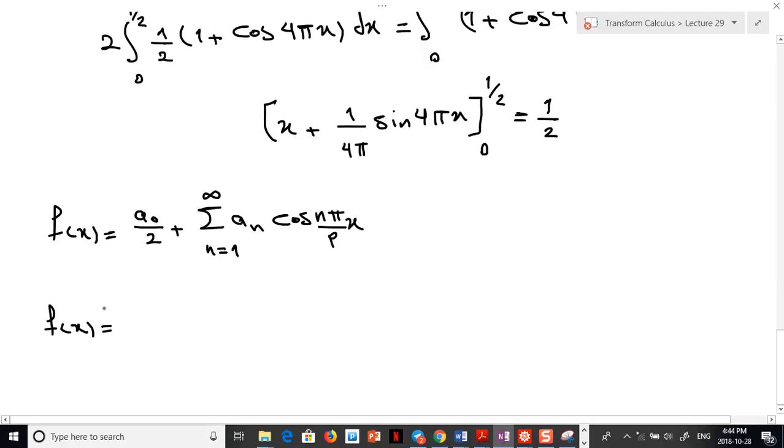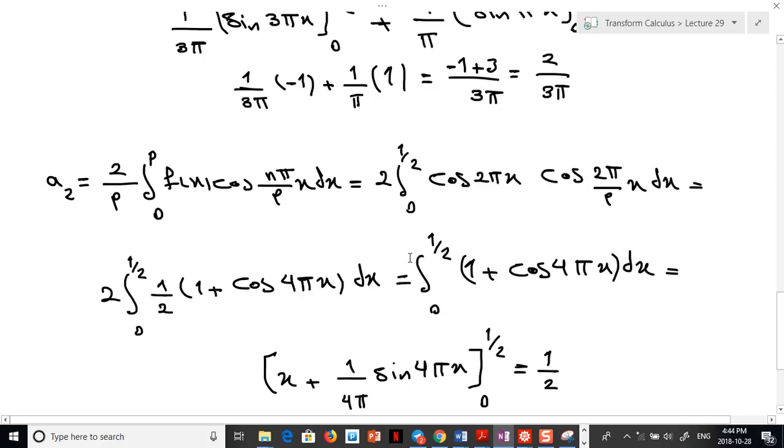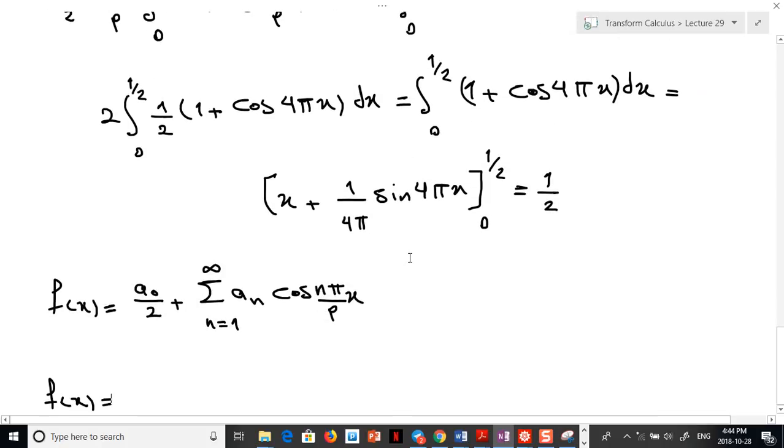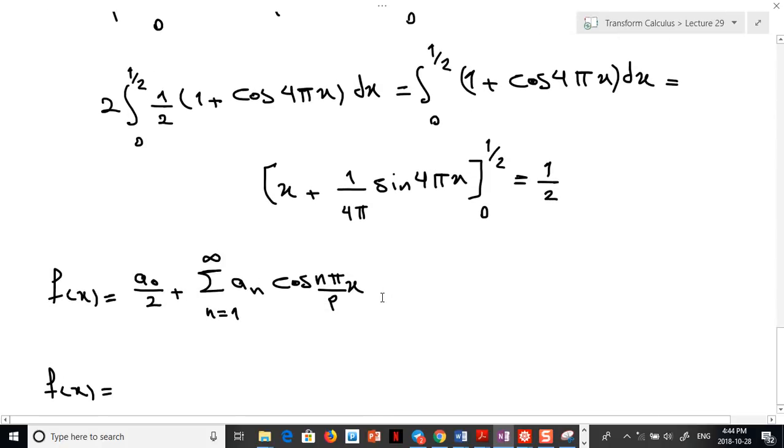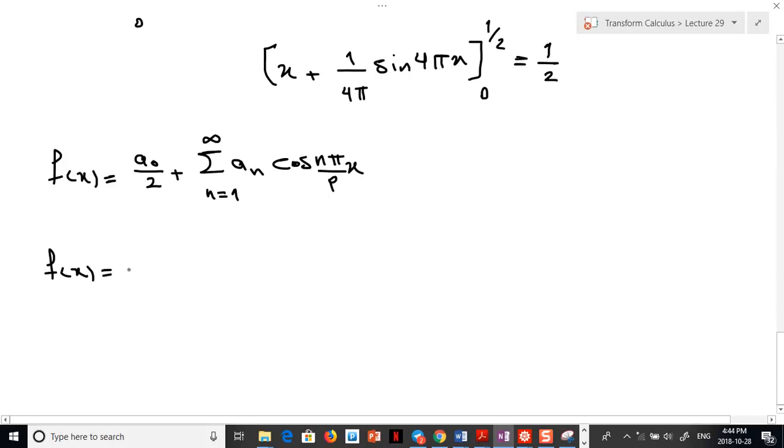A1 we already found it, so A1 was equal to 2 over 3 pi, so we're going to have 2 over 3 pi cosine, n is equal to 1, pi over p, where p is equal to 1, so it's going to be cosine pi x.